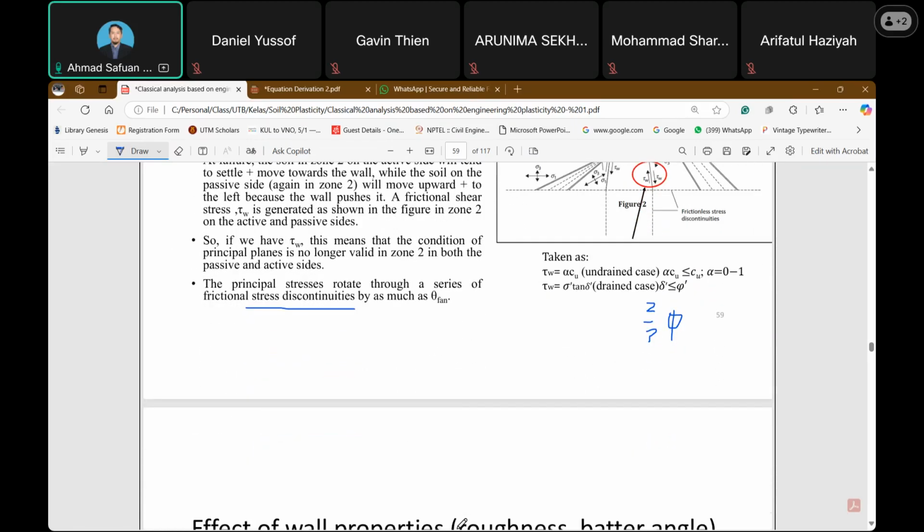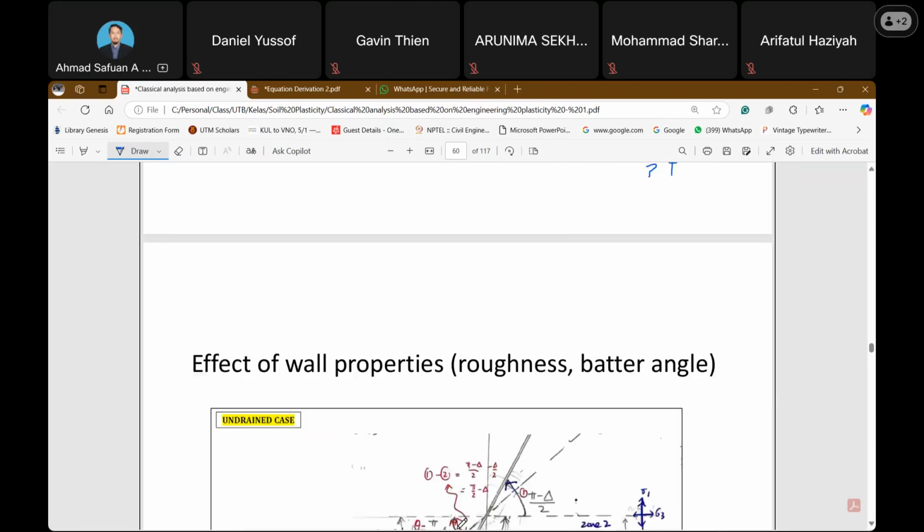Okay, effect of the wall properties, roughness and the beta angle. This is for the undrained case. This is based on the Mohr circle diagram, so we translate it into what we call the actual movements.